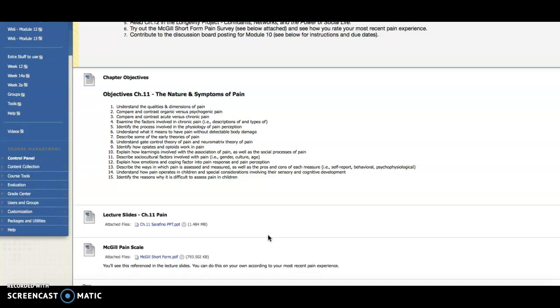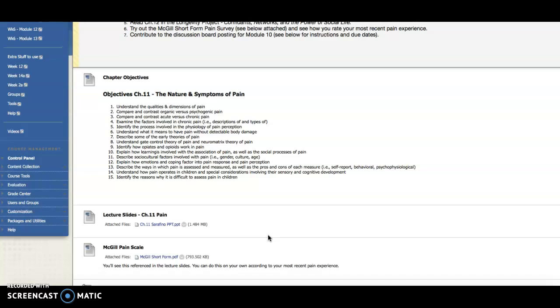We'll start to integrate some of the past work we've done when we looked at drugs and behavior, and we'll be taking a look at how actually opiates and opioids can work in pain management and how we've seen them used. So you'll be hearkening back to chapter 7 where we were looking at some of those issues.